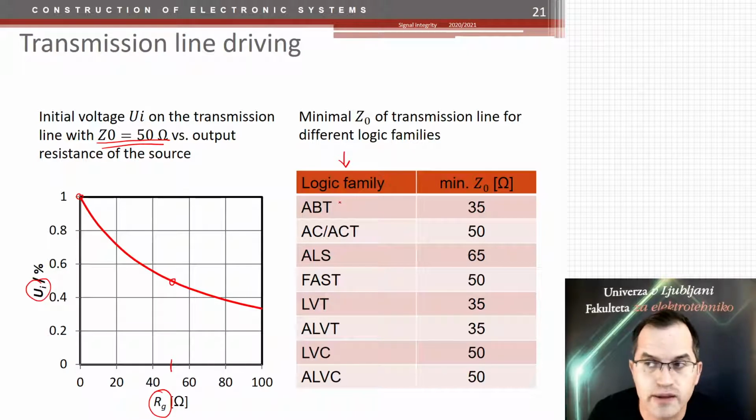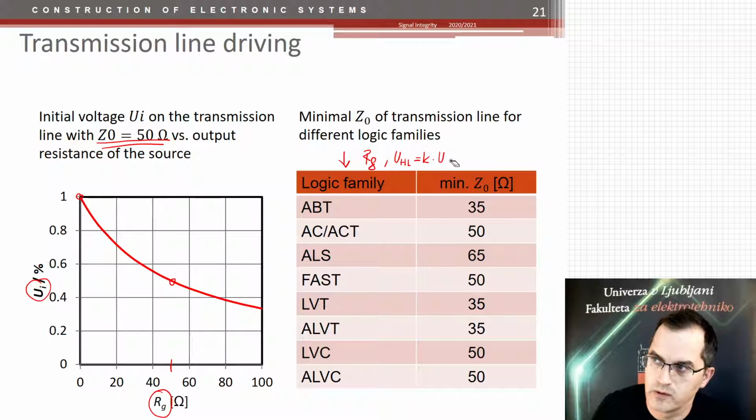And that is dependent on two things: the generator resistance or impedance, and how the logic high level is determined with respect to the power supply voltage, or VDD.